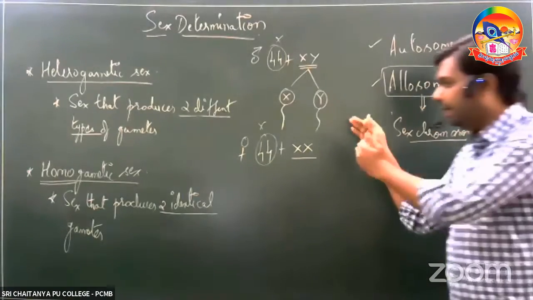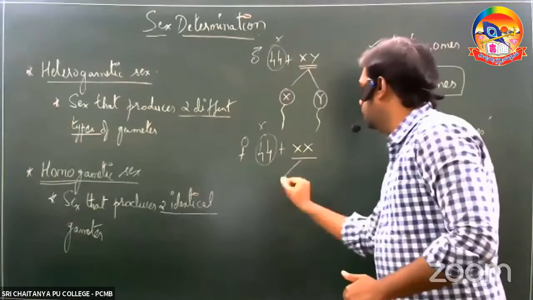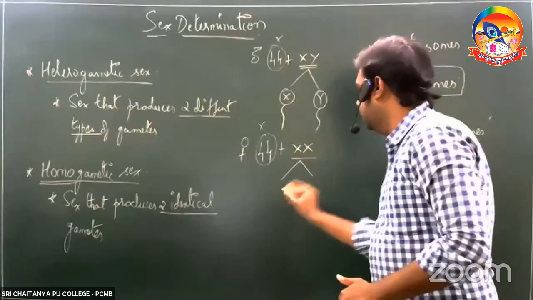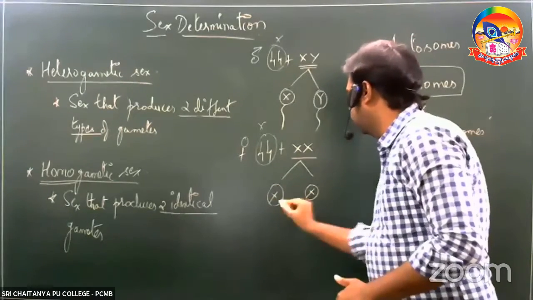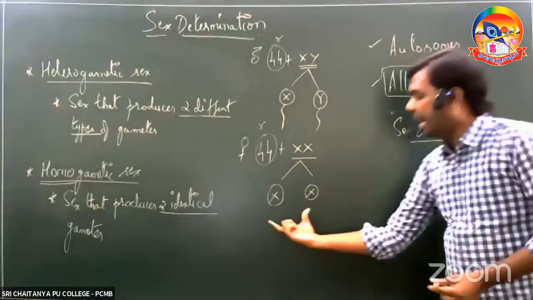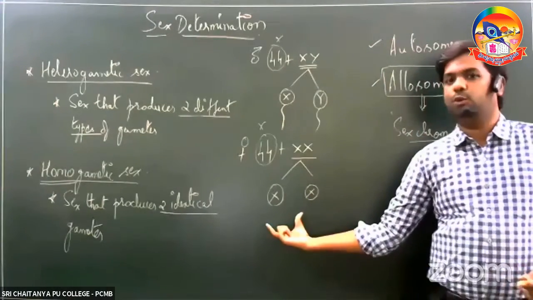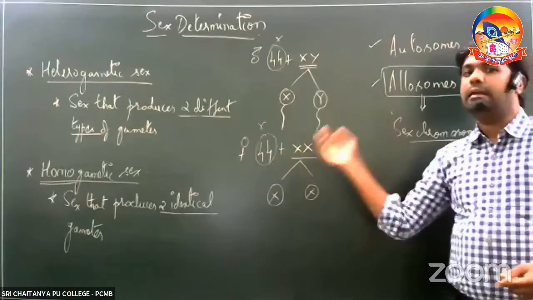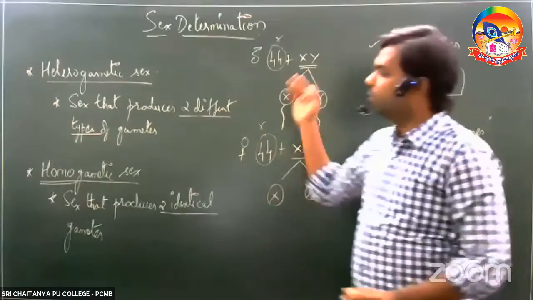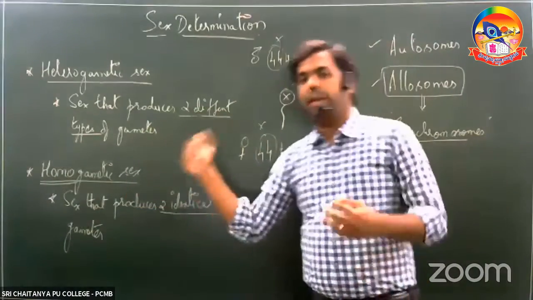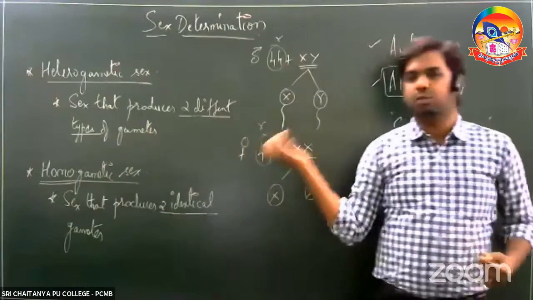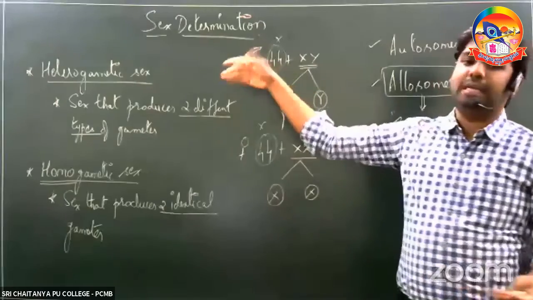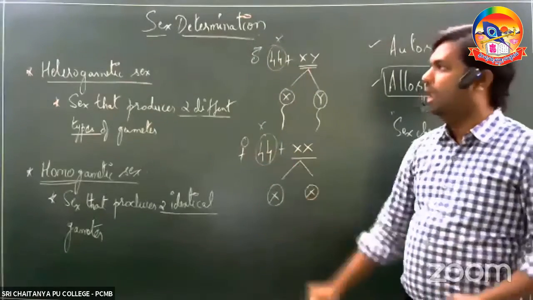So during gamete formation, these X and X will get divided so that each ovum will have only one X chromosome. So there are identical gametes which are being produced. Now, if there are identical gametes being produced by one single sex, such type of sex we start calling it as homogametic sex. So this is what we have as heterogametic sex and homogametic sex.